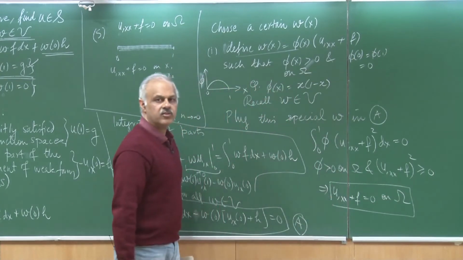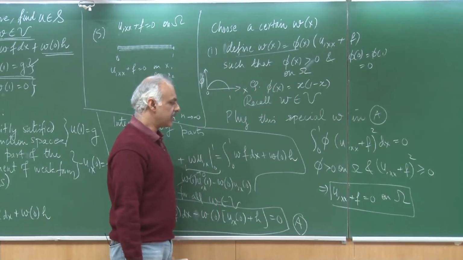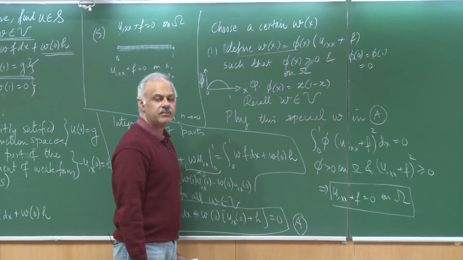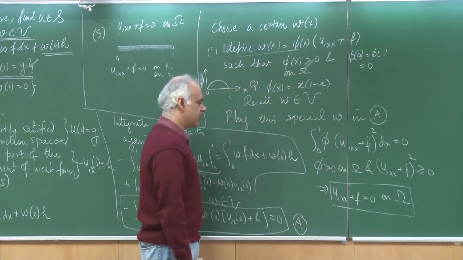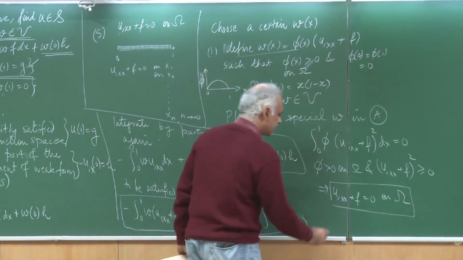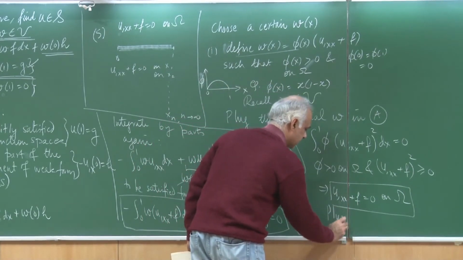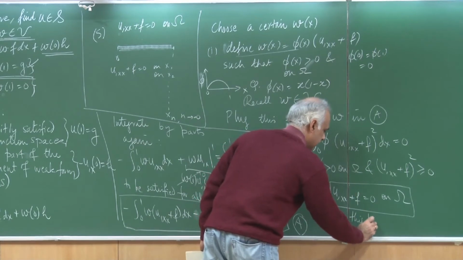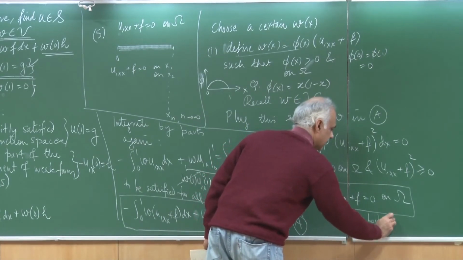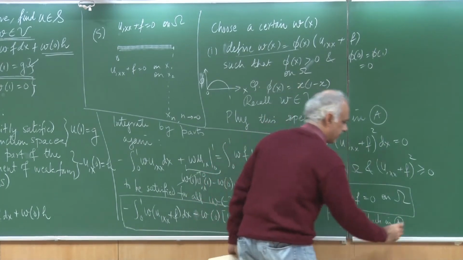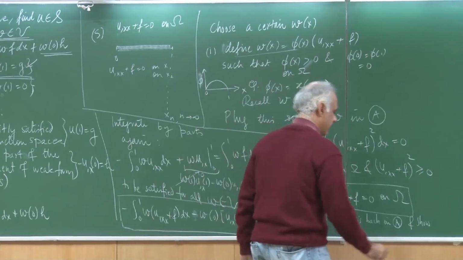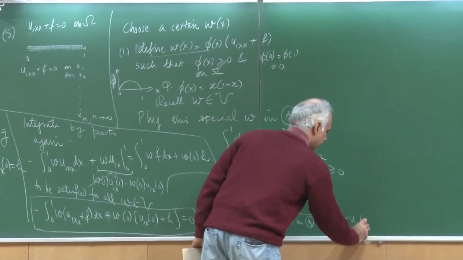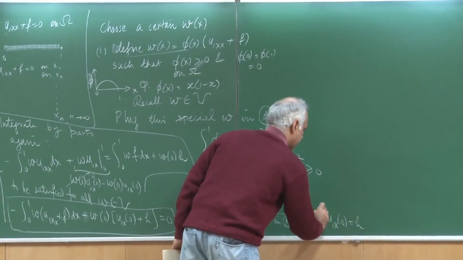Okay. So, I have been able to show that if I satisfy the weak form, then it definitely satisfies the differential equation. Now I can plug this back in A and show that minus u comma x 0 is h.